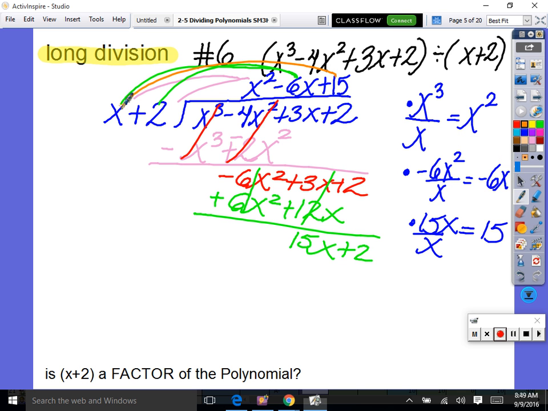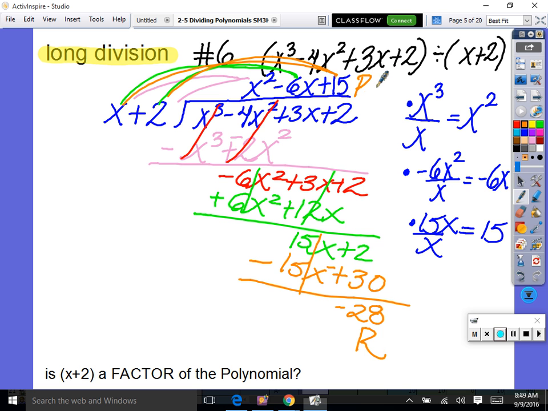So 15 times x is positive 15x. 15 times 2 is 30, positive 30. Then we change our signs. And we add straight down. 0 x's, and then minus 28. Oh, that's our remainder. Okay, so we have a remainder of negative 28.